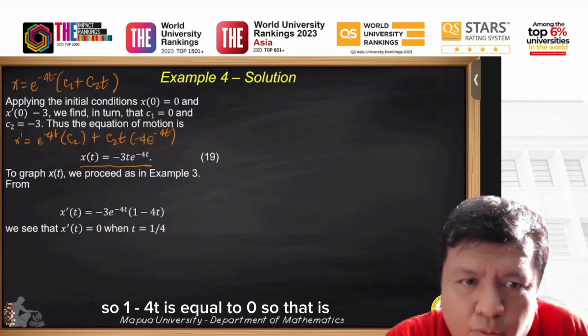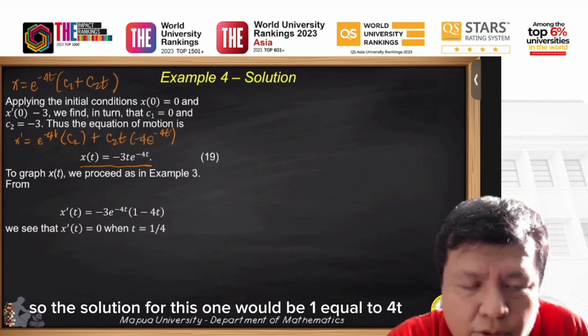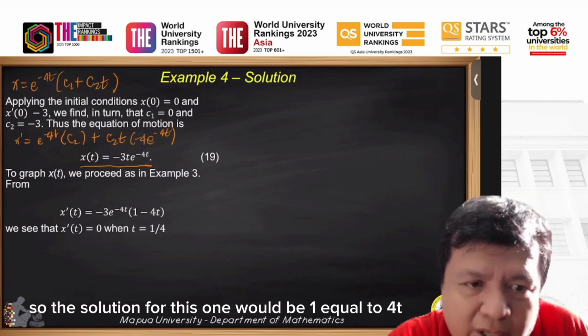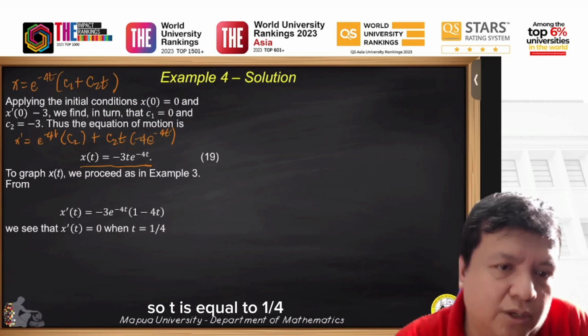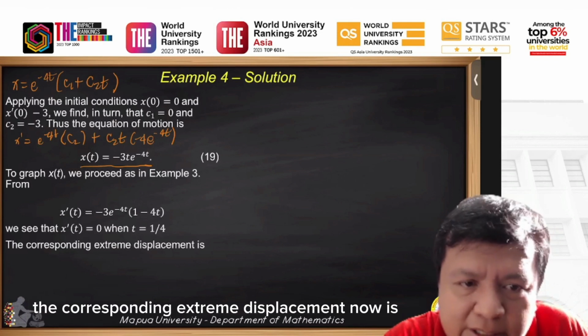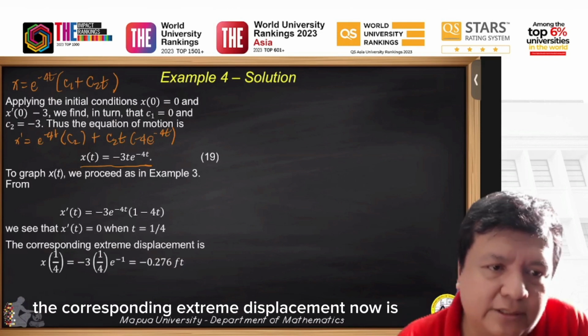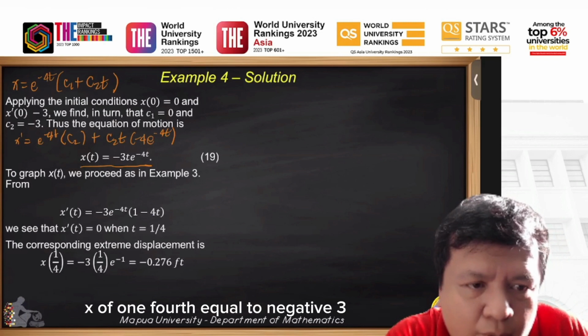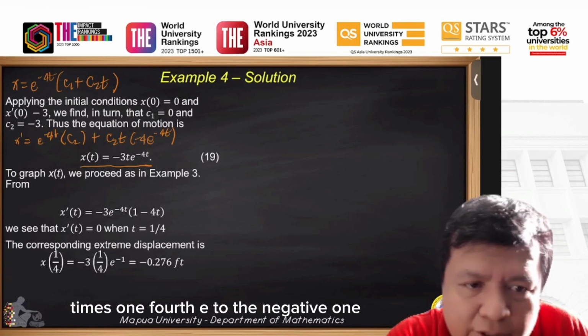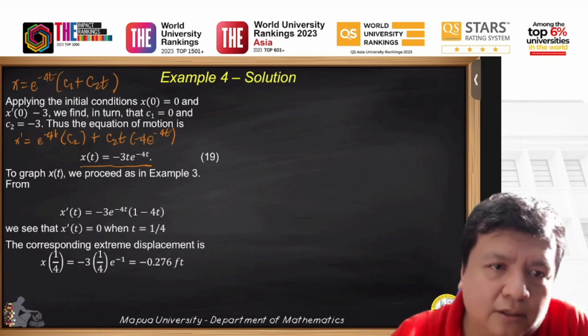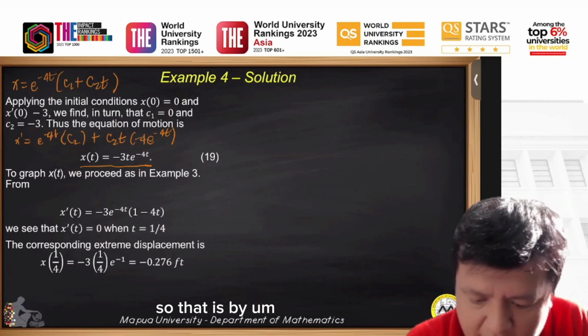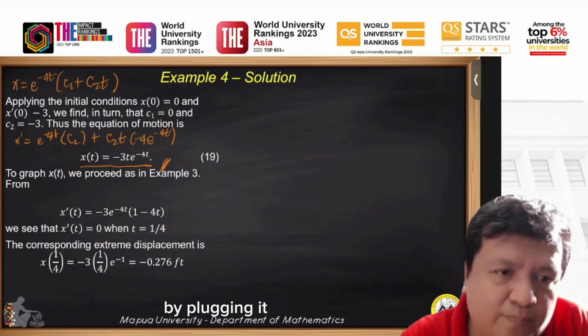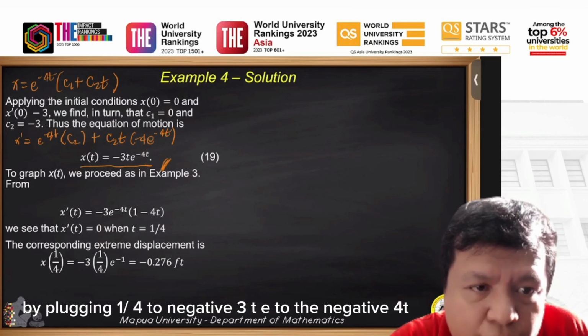So 1 minus 4t is equal to 0, so 1 equals 4t, so t is equal to 1/4. The corresponding extreme displacement is x of 1/4 equal to negative 3 times 1/4 e to the negative 1, by plugging 1/4 into negative 3t e to the negative 4t.